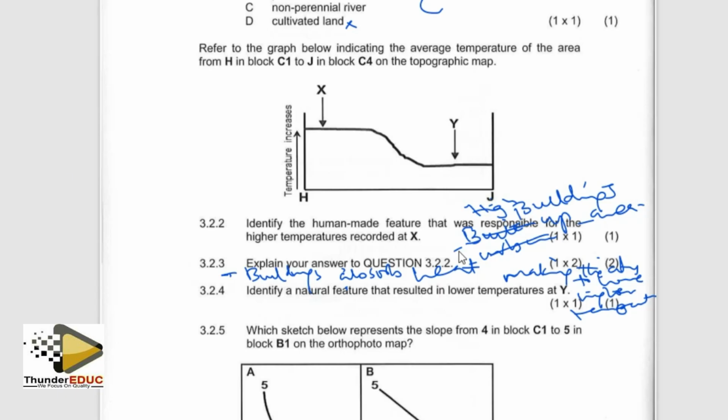Let's go to Y here. Let's go to Y. Which natural feature?